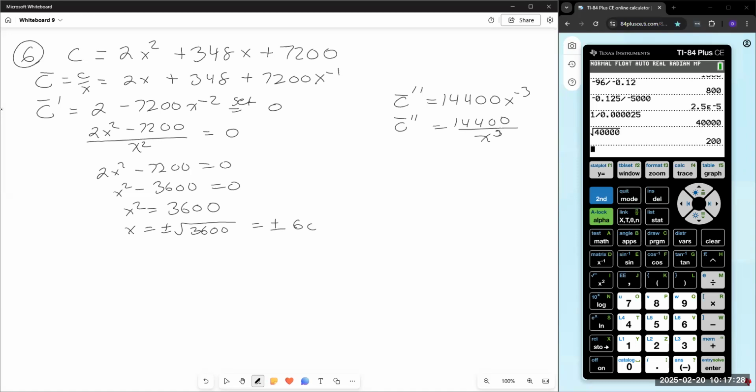But I'm concerned about production, so I'm only interested in positive 60. And because C bar double prime of 60 is greater than 0, C bar has a local min at x equals 60 units of production.